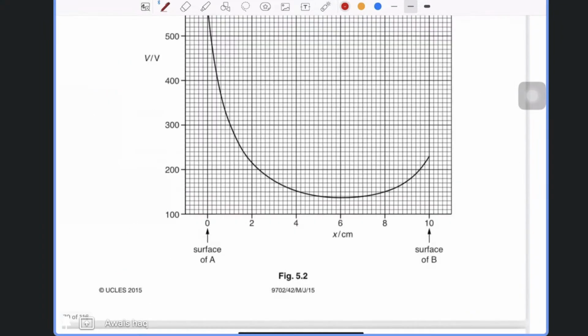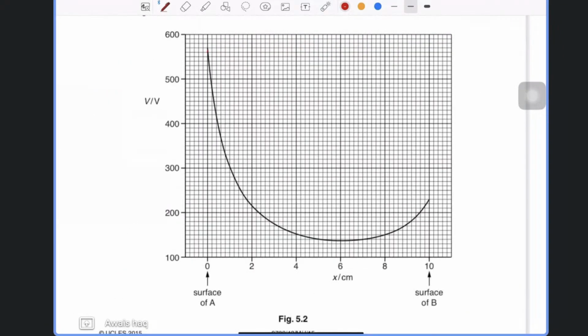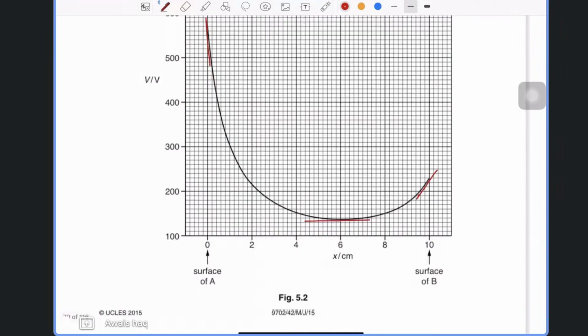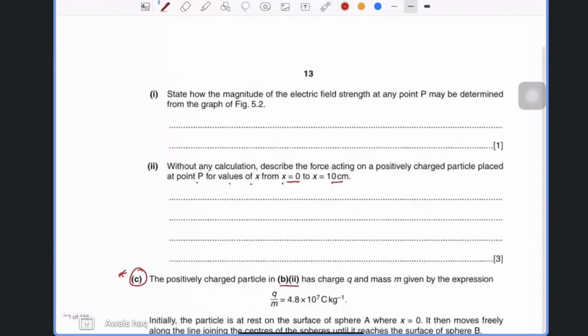So from 0, obviously the force will be maximum because the gradient is highest, and till 10, here the force will be 0, and then here the force will be in the opposite direction, right? Is it clear? So that is what we explain.